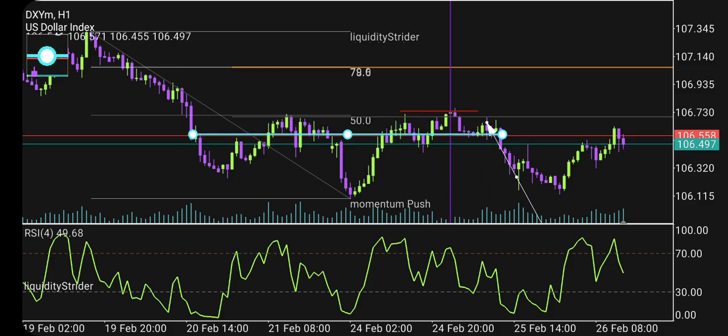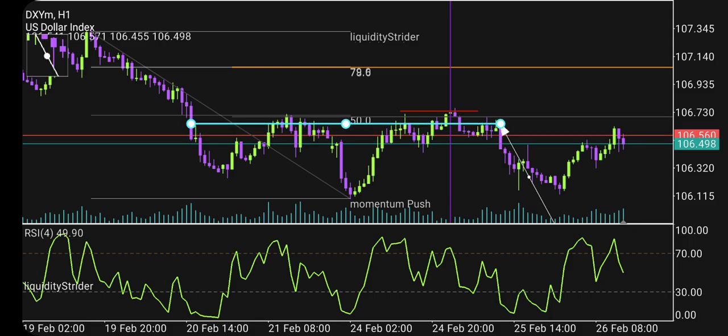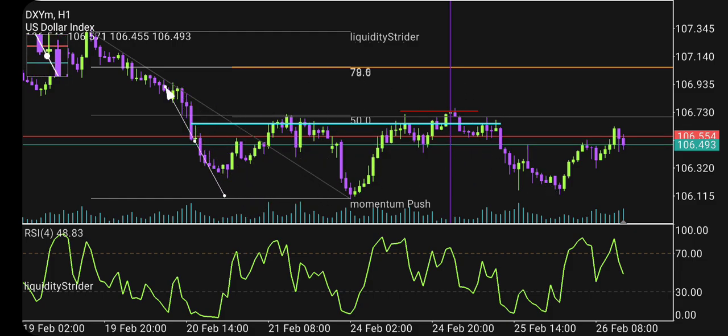So tomorrow, on Tuesday, I'm expecting the market to break this liquidity line. By breaking this liquidity line, we're either going for the weekly high or to some area here or up on the top, or to this area value, the 79%.